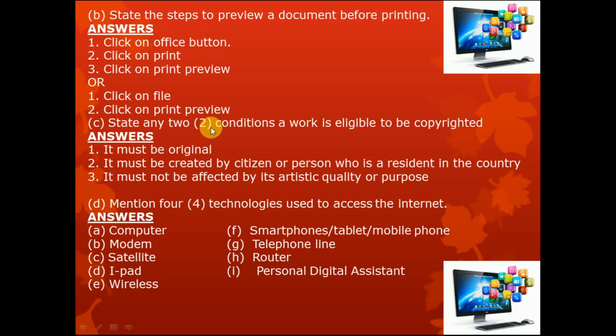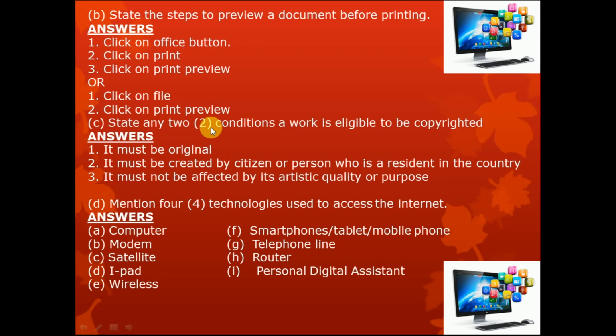Good. Question 1C. State any 2 conditions a work is eligible to be copyrighted. 1, it must be original. 2, it must be created by a citizen or a person who is a resident in the country.